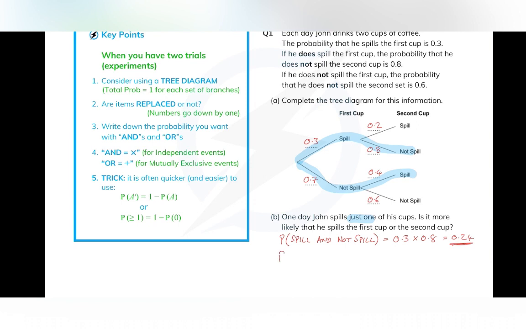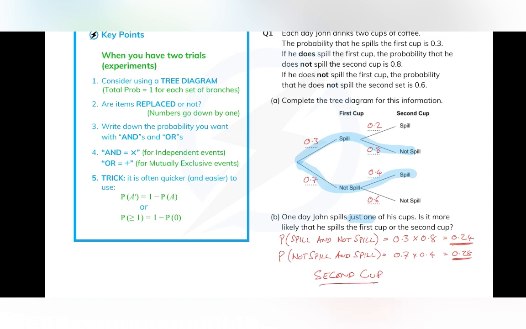And then we do the other way around, so he doesn't spill the first cup, and he spills the second cup, and that's 0.7 times 0.4, which is 0.28. So on the day he spills just one of his cups of coffee, it is slightly more likely that he spills the second cup. Right, so there we go, and that is our answer.